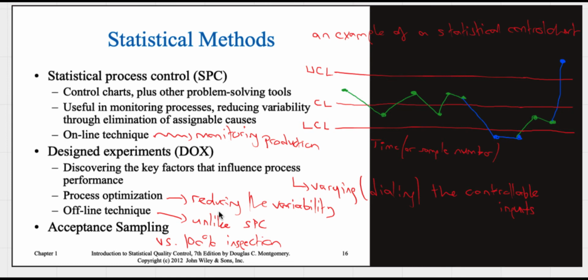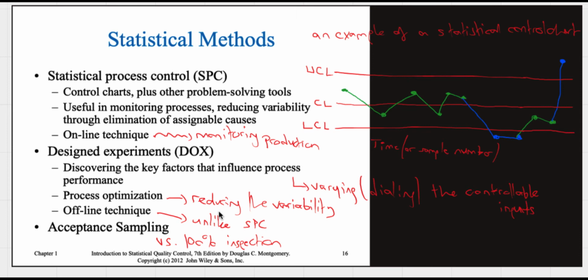We can also use design of experiments for process optimization, because we are tuning the parameters that influence the process performance. If we optimize these parameters, we are also directly optimizing the process, so we are reducing the variability and improving the quality.